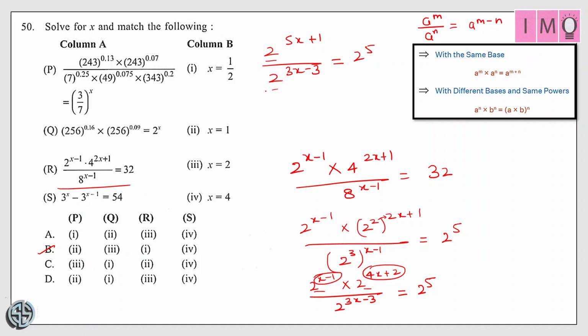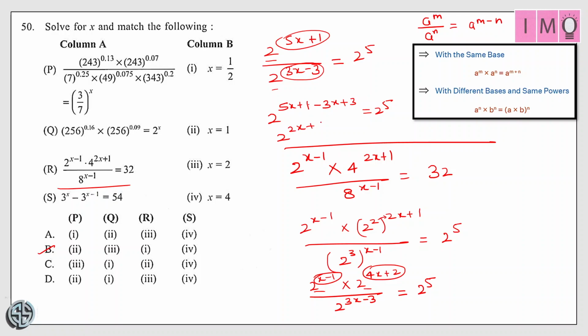Means when the bases are same and divided, their powers will get subtracted from each other. So you can write 5x plus 1 minus 3x plus 3, when you subtract, minus 3x and this minus will become plus 3, equal to 2 to the power 5. Now when you will solve 5x minus 3x is 2x, 1 plus 3 it will be 4, and is equal to 2 to the power 5.